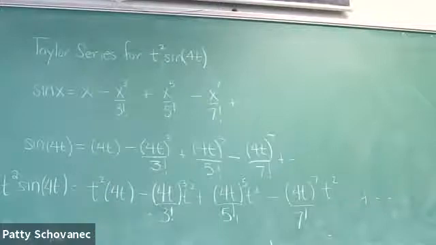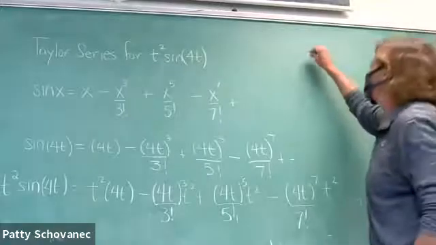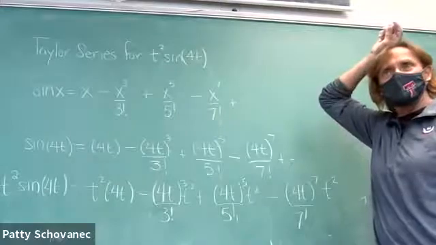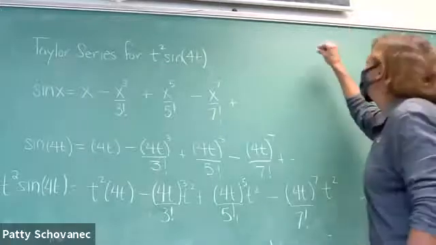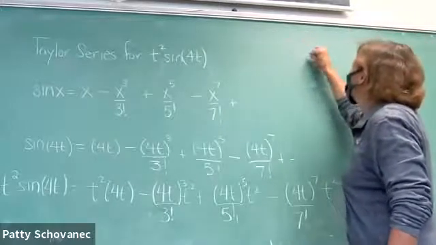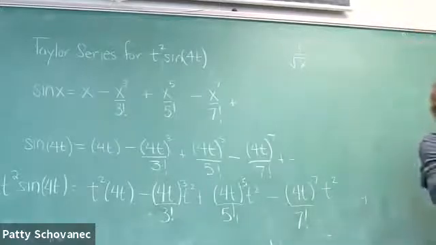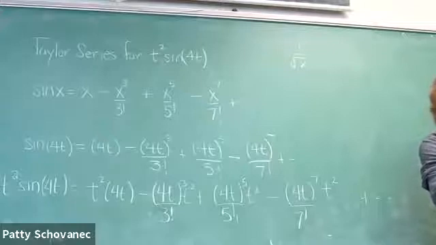Okay, so let me see. Do you remember how to make the power series for 1 over the square root of x? I can't make a Taylor series for that centered at 0, can I? Because it's not defined at 0.